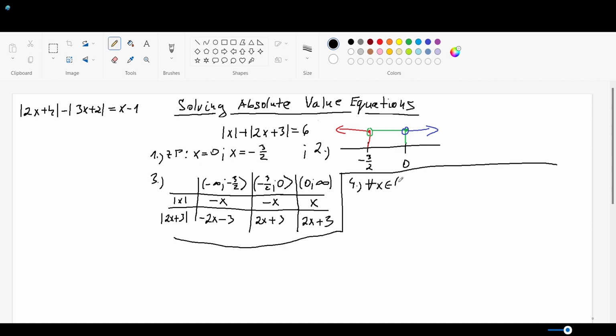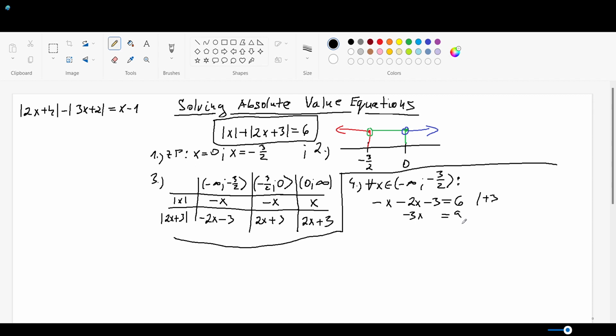So for each x from the interval negative infinity to negative 3 over 2, the equation, this one, okay, we are working with this equation, means that it's gonna be calculated like this: negative x minus 2x minus 3 is equal to 6, which means negative 3x, and you can do it really quickly in one step.